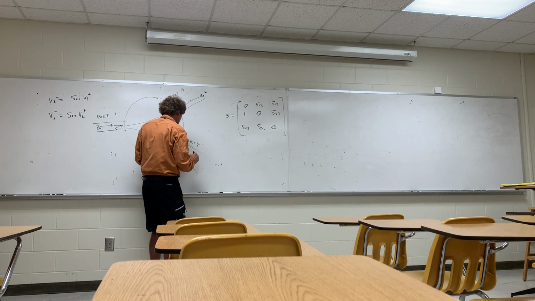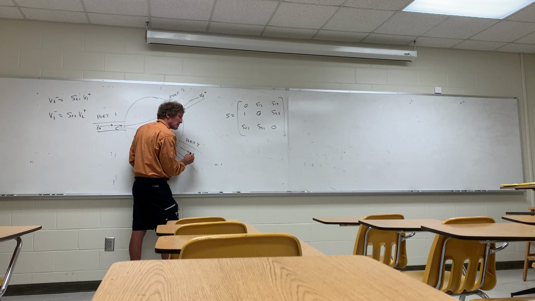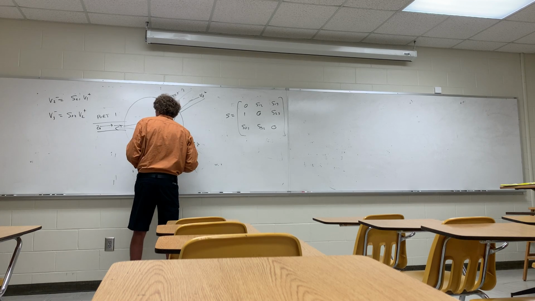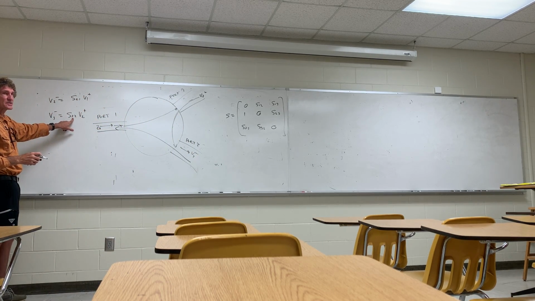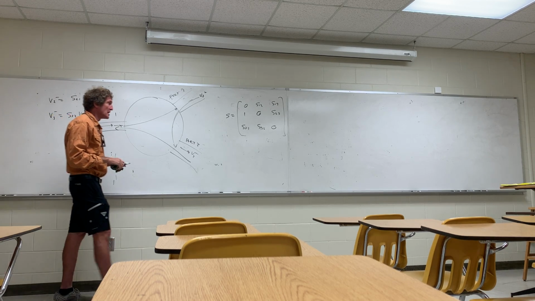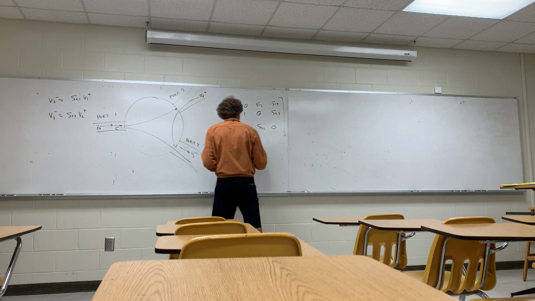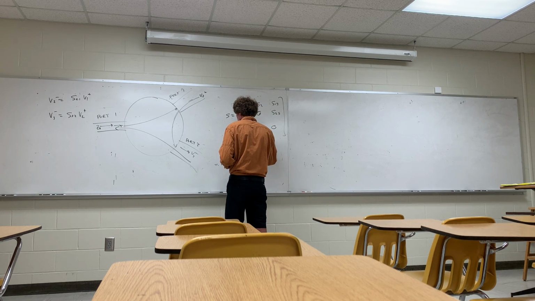And all of that's coming out port 2, so it's going to be passed through to V3 minus. That means that S32 right here has to be 1. Everything in port 2 comes out port 3 means S32 has to be equal to 1.